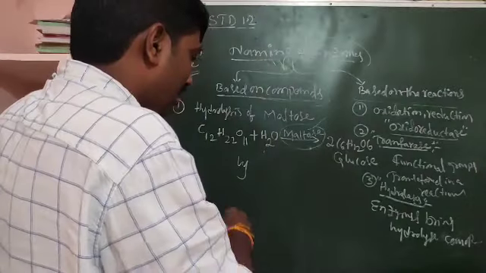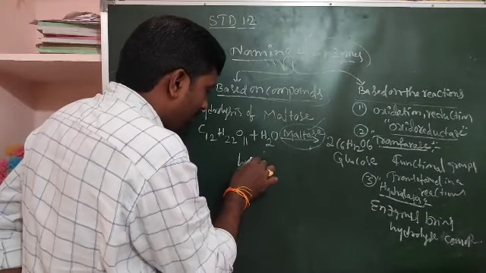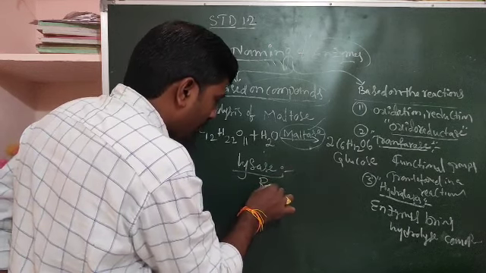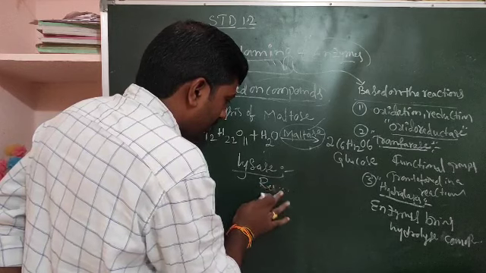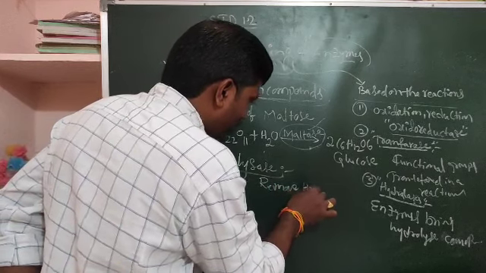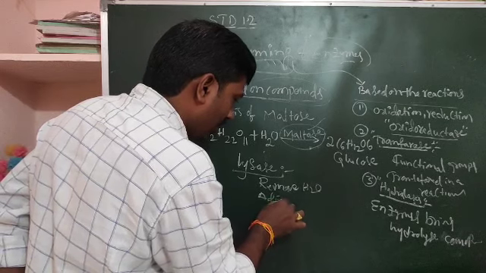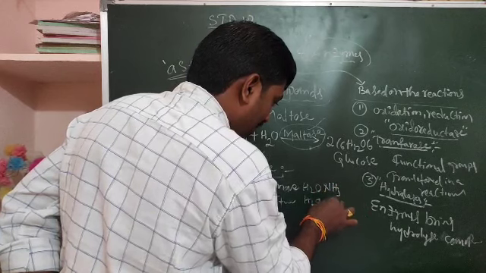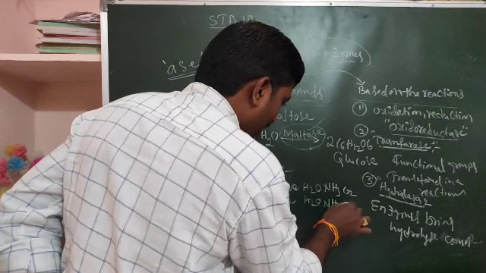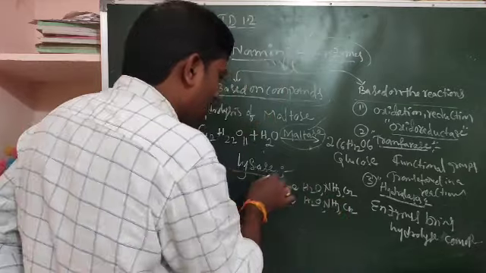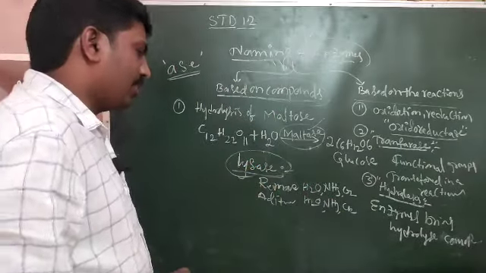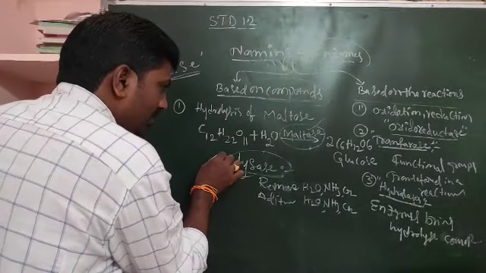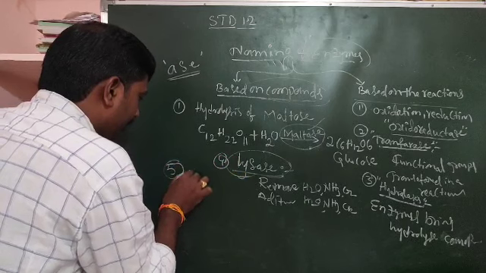Next, lyase. This is to remove or add H2O, as already explained, or to remove or add NH3, or remove or add CO2. For this we use one enzyme, and that enzyme name is lyase. Next one is isomerase, the fifth one.